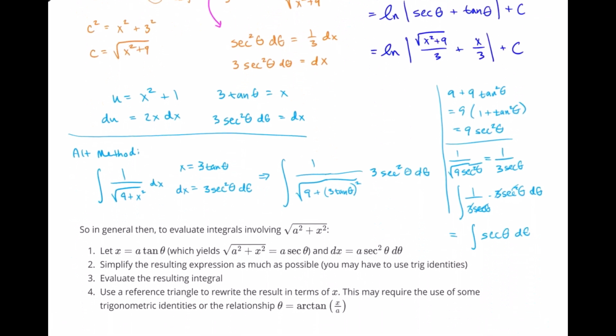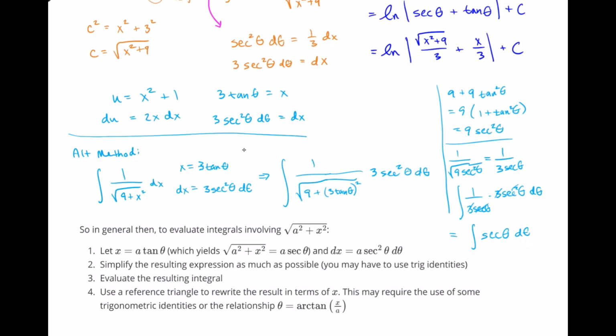Now, in order to do this in general, anytime you have an integral involving the square root of a squared plus x squared, then what you're going to do is you're going to let x equal a tan theta. And as I showed right through here, when you make your substitutions and reduce, this will turn out to be a secant theta.